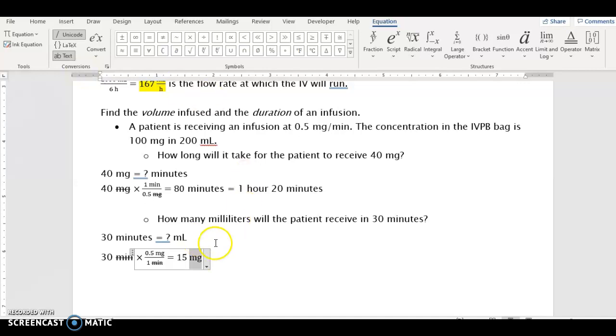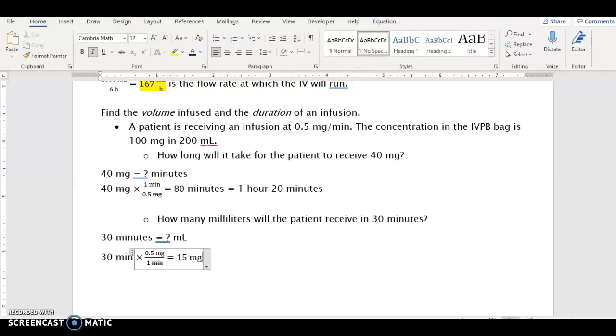But now what do we do? It's asking how many milliliters will the patient receive in 30 minutes. So now that we know the number of milligrams the patient will receive, we can convert the number of milligrams into milliliters by using the concentration given in the problem, which says that it's 100 milligrams in 200 milliliters.